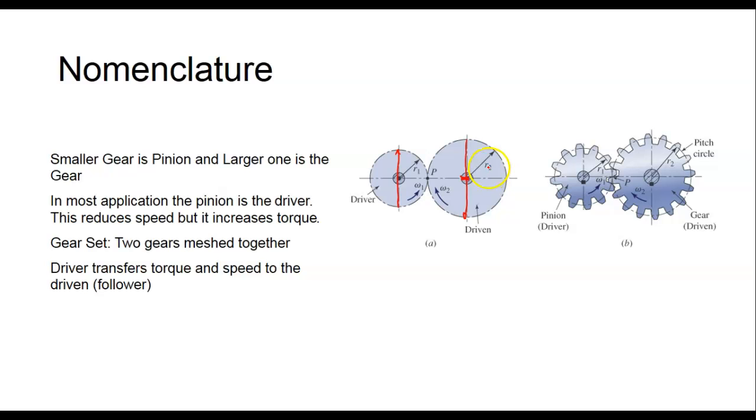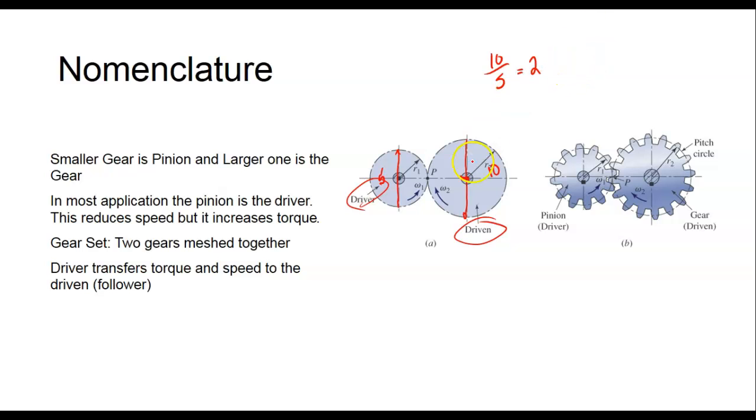So if this gear over here had 10 teeth, and this gear over here had 5, and this is the driver, this is the driven, then our mechanical advantage would be 10 over 5, which is an advantage of 2.